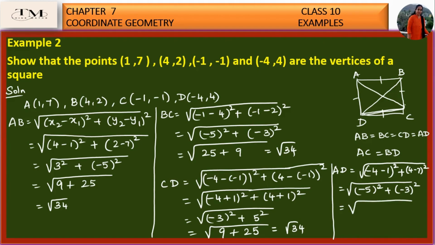So minus 5 whole square is 25, minus 3 whole square is 9. So 25 plus 9, root 34.